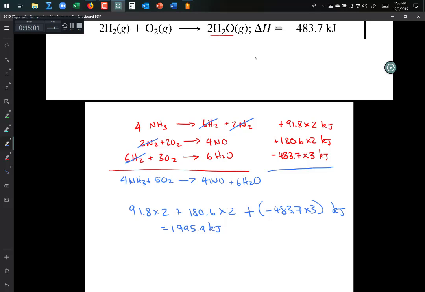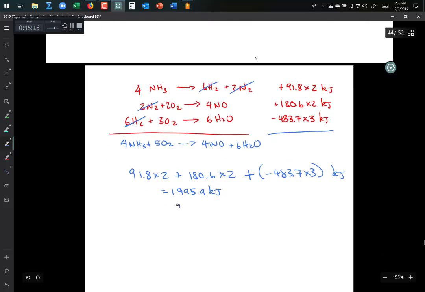I'll show you in a second. 906.3. Yeah, I put minus and negative instead of just adding it. Again, Hess's law just says once you have the energies, just add them together. And in my head, I put minus the negative, and it blew up on me.